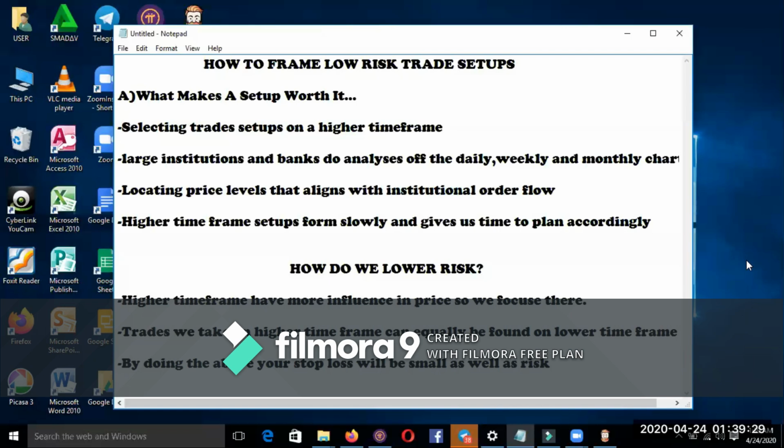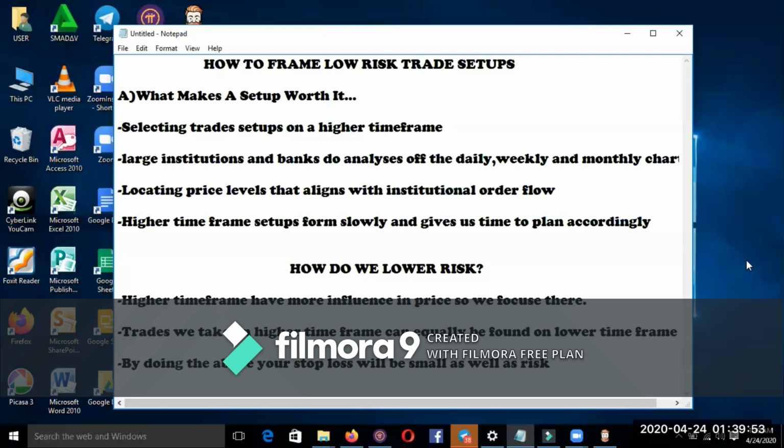Let's say for example on a daily you see a setup and you take that setup. We took it on Monday, and the setup attains its objective on Friday. You see, it took 5 days. That's on a daily. Now if you go on a 4 hour, you see a setup on a 4 hour, it takes 24 hours or 2 days.